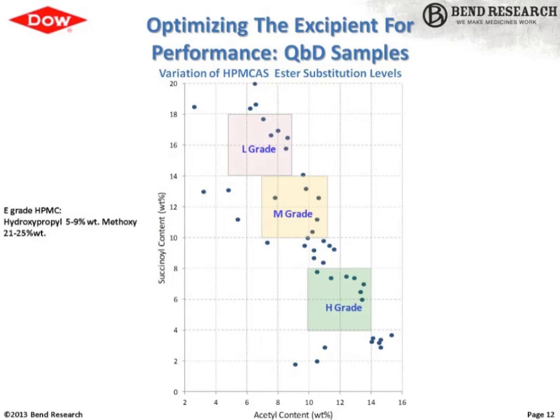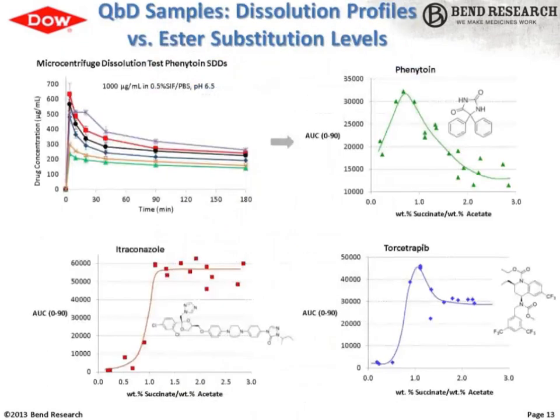And so some of these grades are shown on slide 12, and just very simply on slide 13, the performance for 3 modeled compounds as a function of these different substitution patterns has been evaluated. And so in the upper left-hand corner, we've done a microcentrifuge test looking at the amount of drug dissolved in solution plus the amount of drug in colloids, or in nanoparticles, as a function of the substitution pattern.